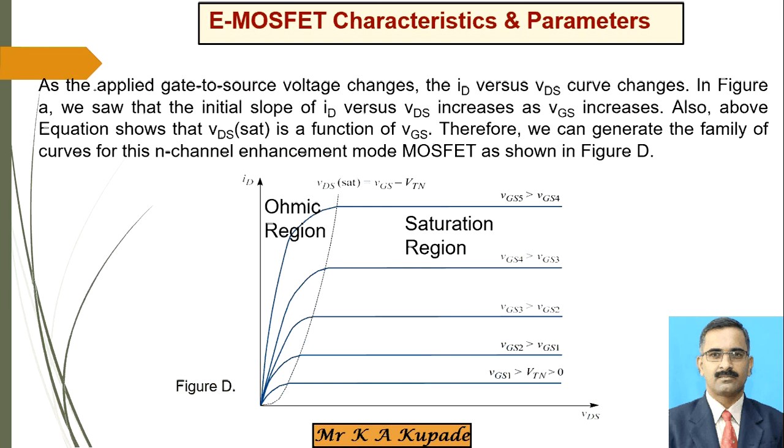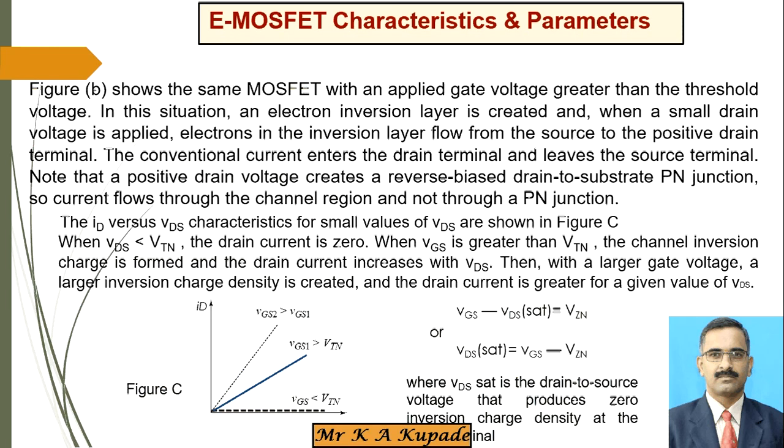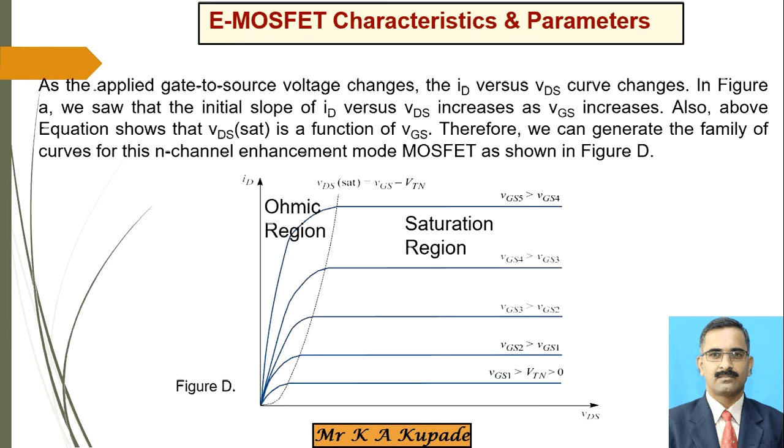Now also our equation shows that here VDS saturation is equal to VGS minus VTN. In this particular slide I showed two equations. Sorry, here it is written as VZ, but it is not VZ, it is VTN. Now here, in the graph, I also showed that particular thing.